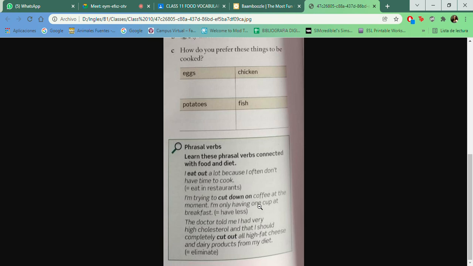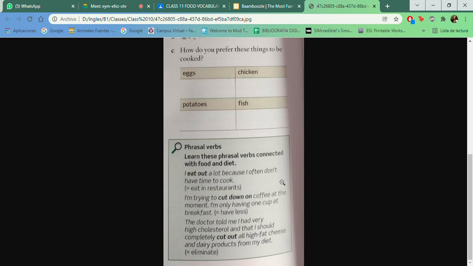That is to describe something that is fatty, fast food, for example, or junk food. Or maybe high fat. In this case, high fat cheese. This will mean eliminate. It's not reduce. It's just to get rid of this product.